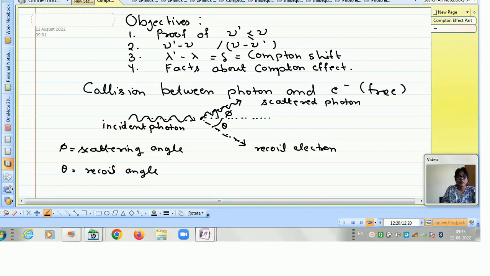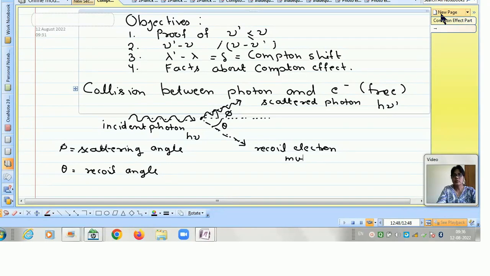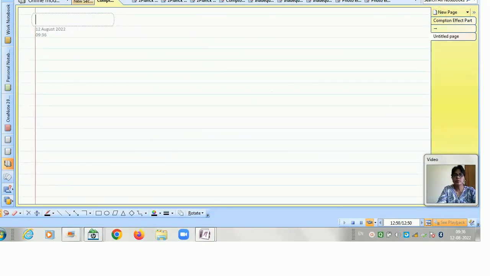So for the incident photon, the original frequency is nu, so the energy is h nu, and for the scattered photon it is h nu dash, and here it is the recoil electron. This recoil electron has the velocity v, let us say, and the mass m. So it is mv. mv is the momentum of the recoil electron. Now, keeping this picture in mind, let us go to the next page.